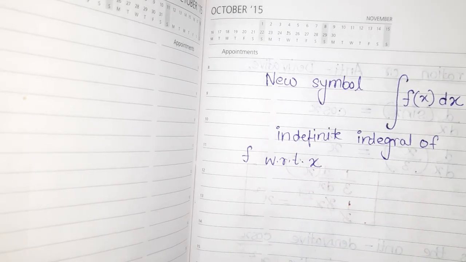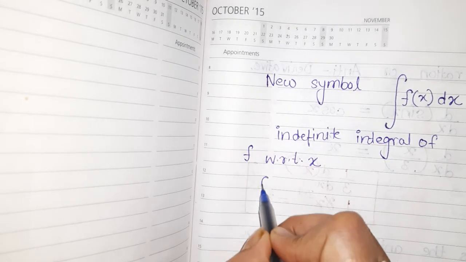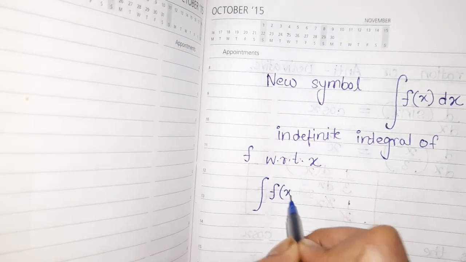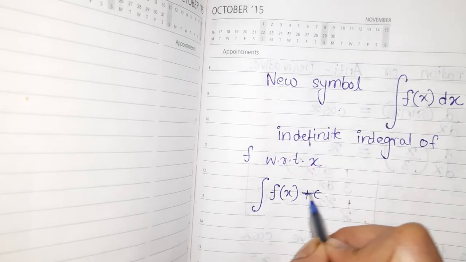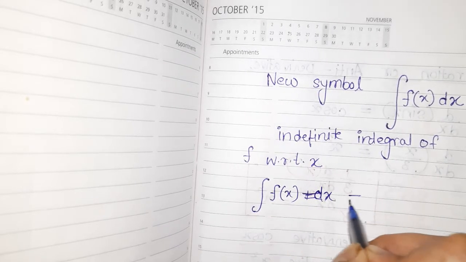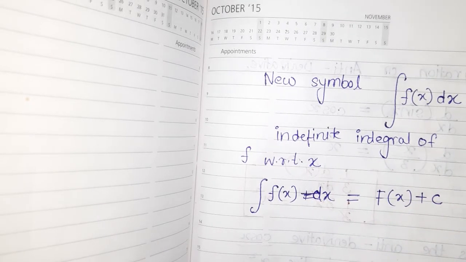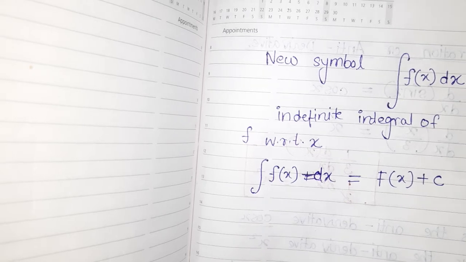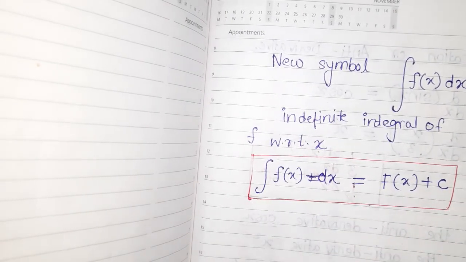Symbolically it can be written as integration of f of x dx is equal to capital F of x plus c. So this is the symbolic representation of integration.